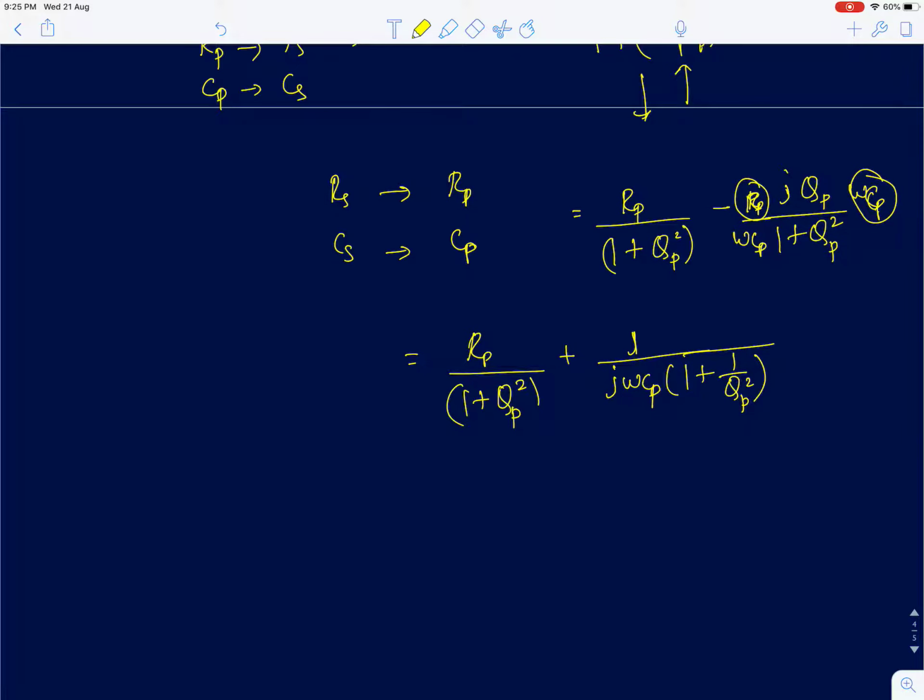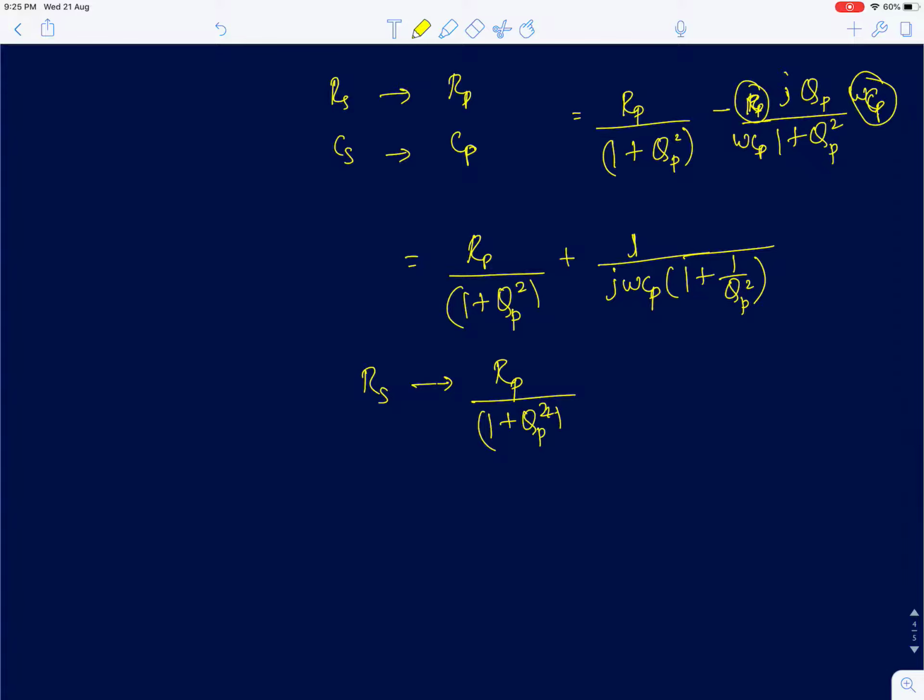So we got two interesting results here. Rs can be represented in terms of Rp as Rp by 1 plus Qp square, and Cs can be represented as Cp into 1 plus 1 by Qp square.